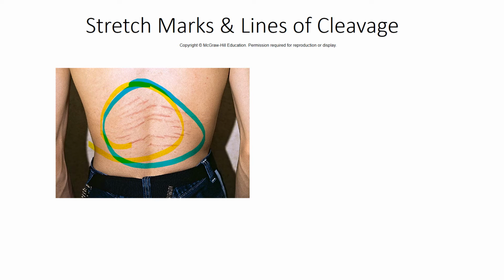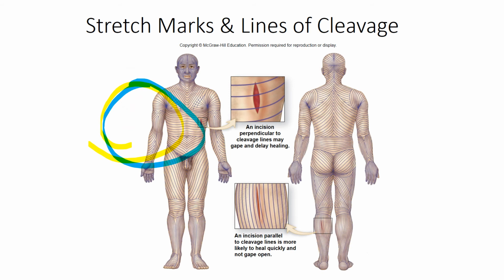This individual had it happen on their back, but this can happen in the stomach region as well as within the thighs. With pregnancy and breastfeeding, that happens within the breasts. But this can be a trigger when there's an excess of weight gain and weight loss, but also just with breakdown of proteins.